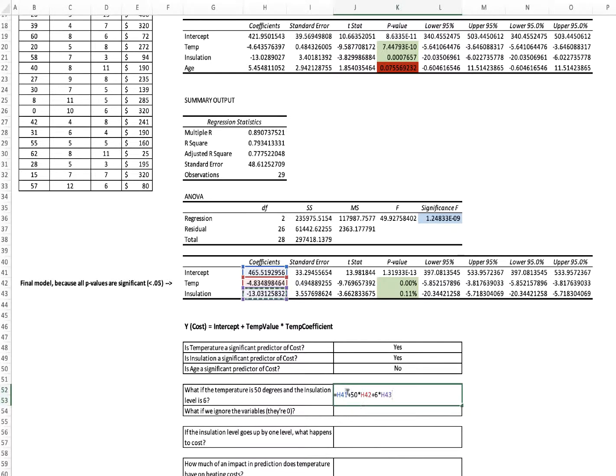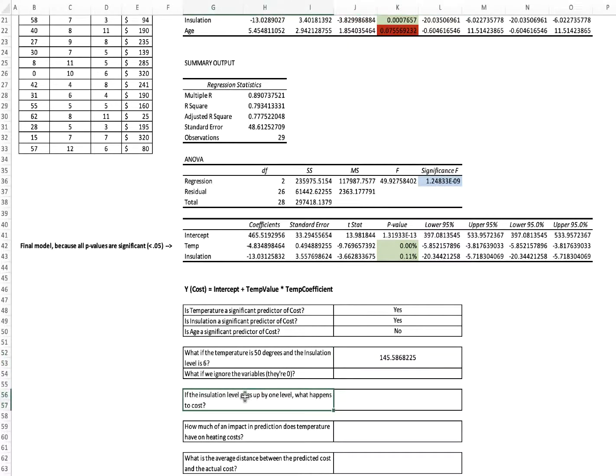So you are always taking the intercept and then adding variable 1, the variable 1 value times the variable 1 coefficient, and then the variable 2 value times the variable 2 coefficient. However many are significant, you'll do that for each of those variables. And we can see that if the temperature is 50 degrees and the insulation level is 6, we would expect the cost to heat the home to be about $145.